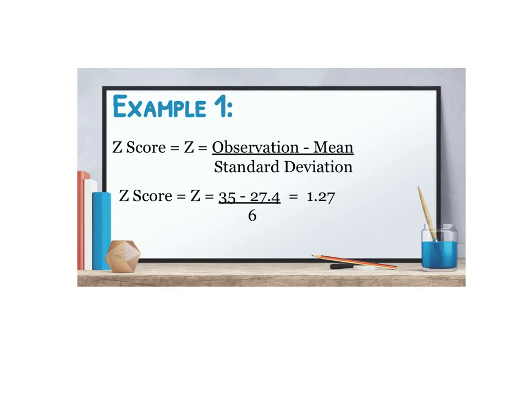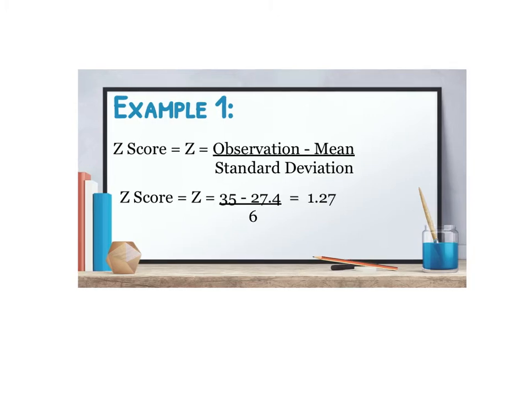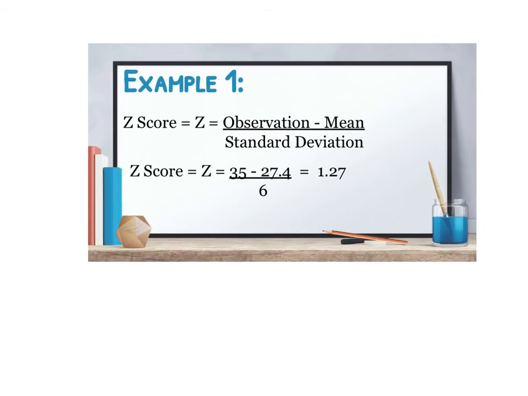Moving on to the next slide. So this was the calculation. Your observation minus the mean divided by the standard deviation. And in symbols, remember, we're going to get really good at these symbols. It's x minus the mean divided by the standard deviation. And then you can see when we did the calculation, we just filled in the numbers.